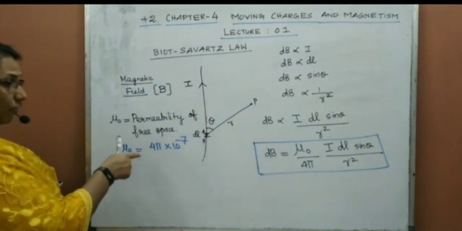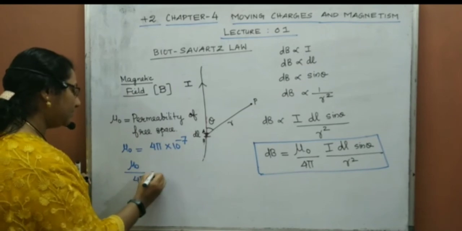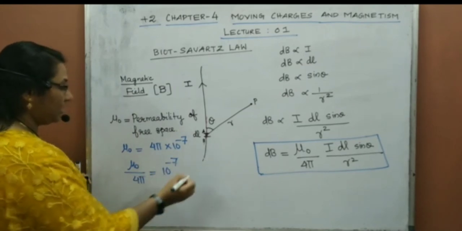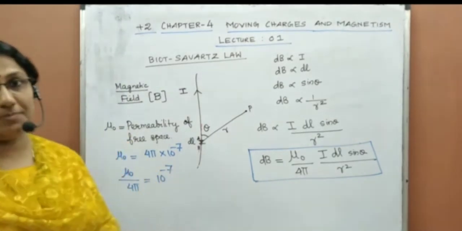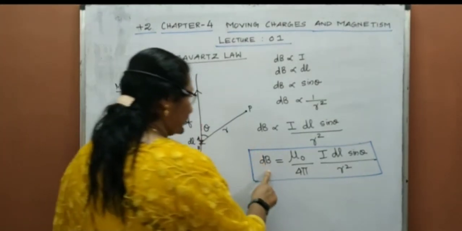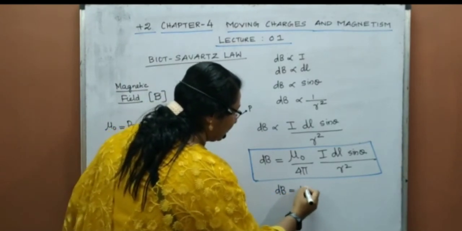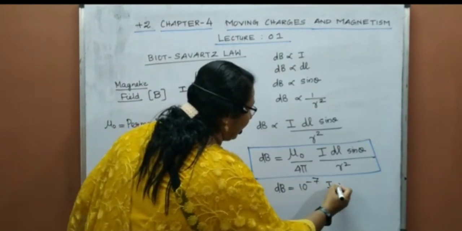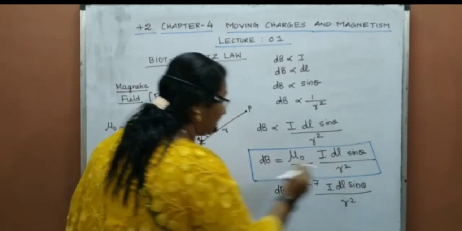Mu 0 by 4 pi becomes 10 raised to minus 7. So, mu 0 by 4 pi is equal to 10 raised to minus 7. Therefore, Biot-Savart law may also be taken as dB is equal to 10 raised to minus 7 I dl sine theta by r square. The equation is important.